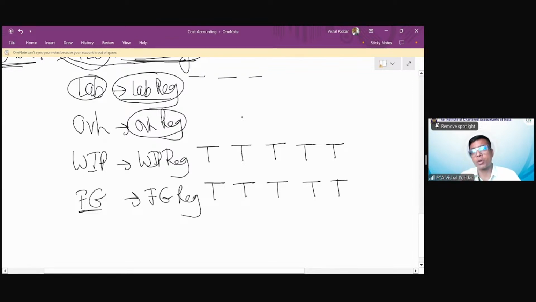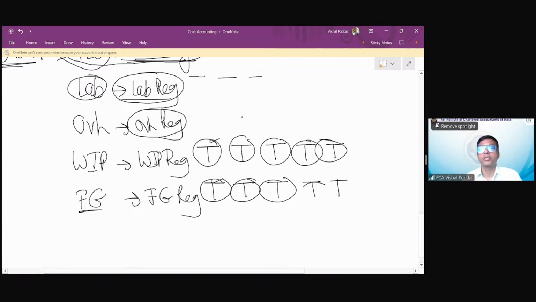See, FIFO-LIFO is not only for material. It will also apply to your final product, which will be kept in your godown. Whenever production happens, it will come in the receipt column. Whenever sales happen, it will come in the issue column. Then you'll have the balance showing the stock of each final product. So again, for each product separately, the WIP account will be in the WIP register and the finished goods account will be in the finished goods register.